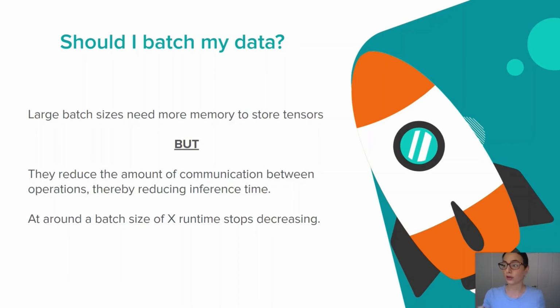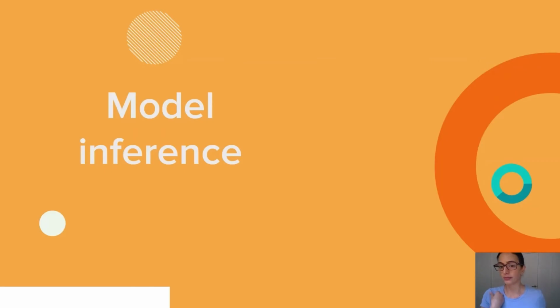So overall, it reduces inference time to batch images. But at a certain batch size, the runtime stops decreasing. In my case, for this particular project, that number is a batch size of 8, but it really depends on the hardware that you're using.